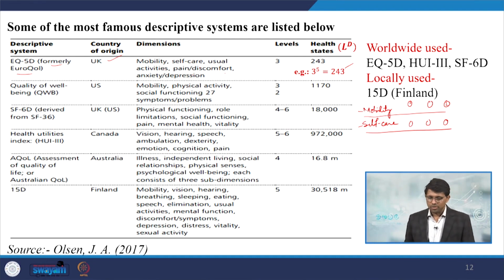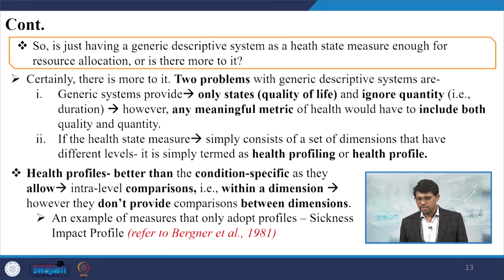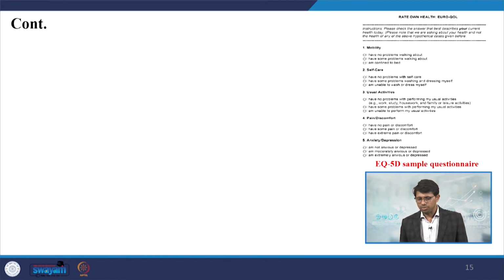health states. When I say why these are all possibilities, I will just show it to you. EuroQol, suppose. When I say mobility, there are 3 indicators. When I say self care, there are 3 indicators. Likewise, each one is having 3 indicators. For one single person, one might declare that I have no problems walking about.